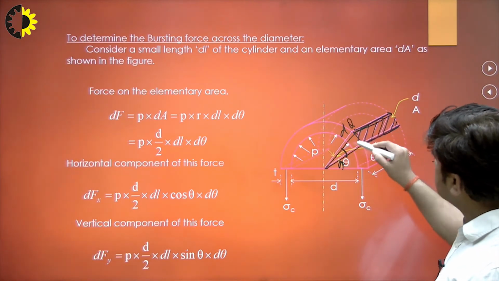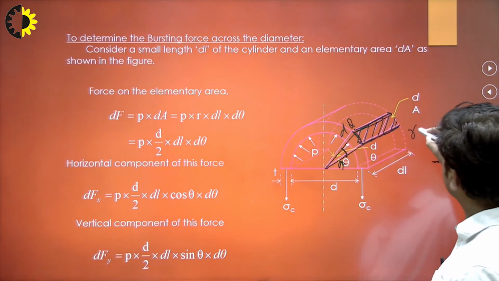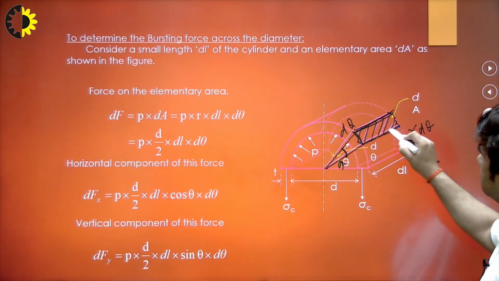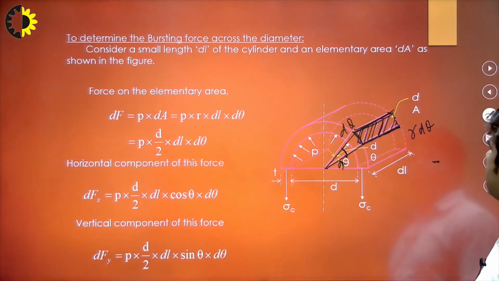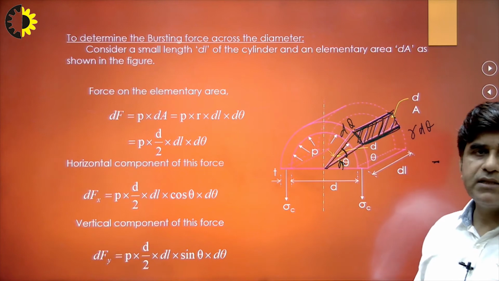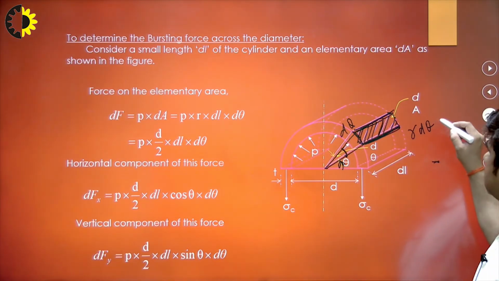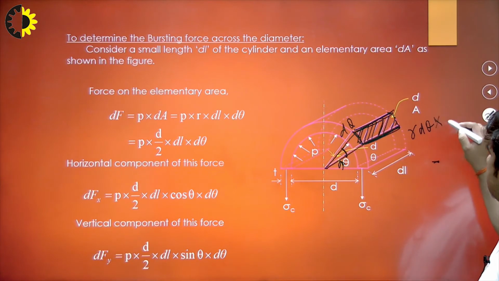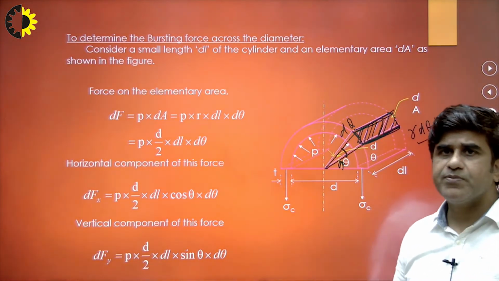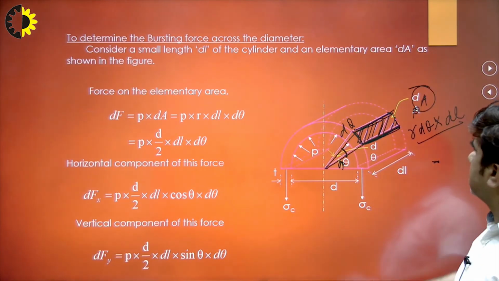So this is the arc length, r d theta. To find this elemental area dA, I multiply with the elementary length dl.